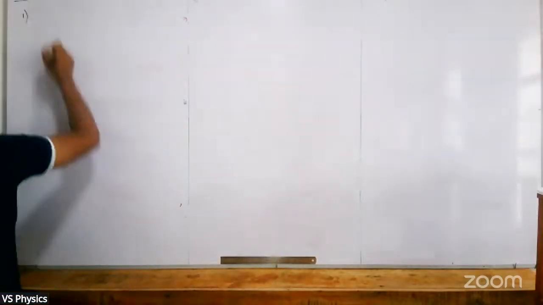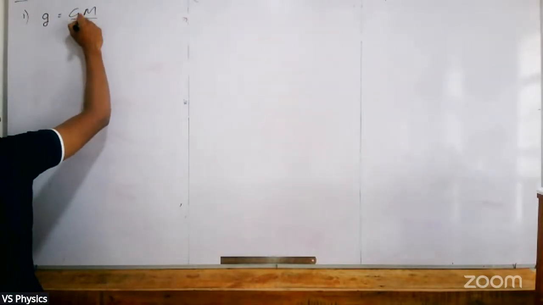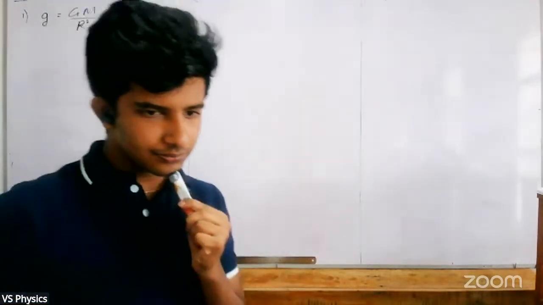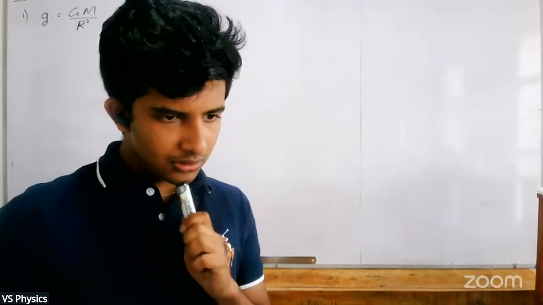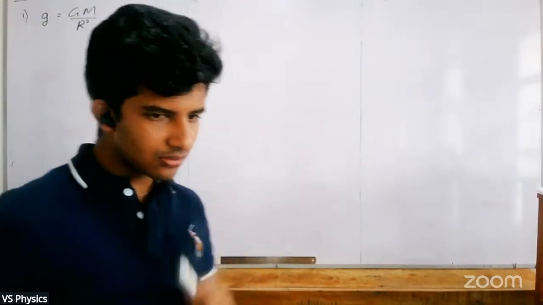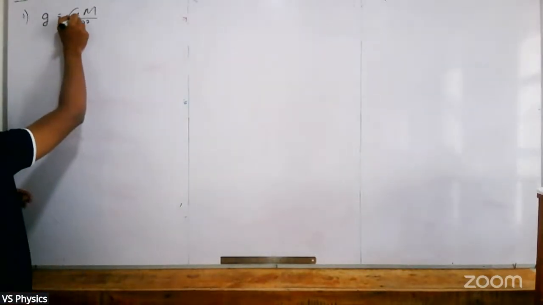What is the equation for gravitational acceleration? GM over r squared. Now the diameter becomes 3 times its present value, so the radius has increased by 3 times.